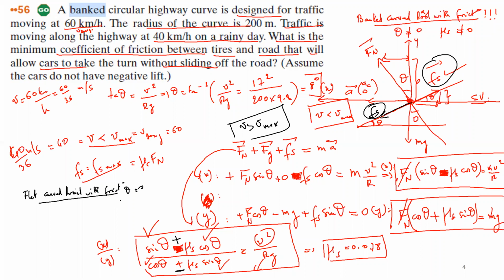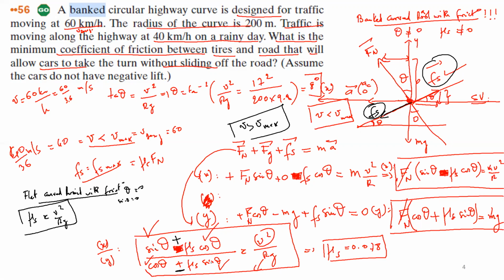So when theta is equal to 0, the sine theta is equal to 0. Now sine theta equal to 0 means I will neglect this. This is 0 and this is 0. So I will end up with basically mu s is just v square over rg, as we already know. So here I will have a plus, of course, plus mu s. Why?